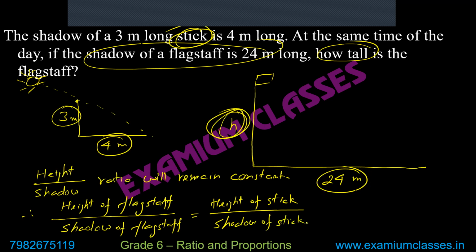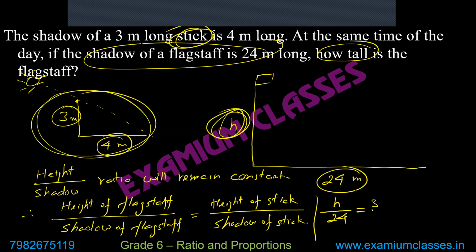This ratio will remain same. So now if we apply this, h divided by 24, height of flag staff divided by shadow of flag staff, will be equal to height of stick divided by shadow of stick. So it means h will be 3 by 4 and this 24 when goes on the right hand side will be in the numerator.